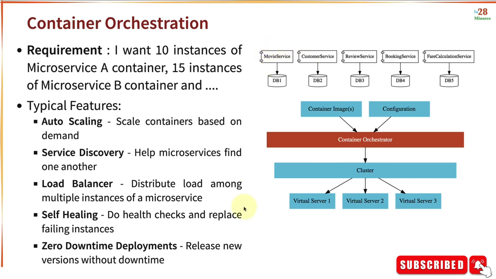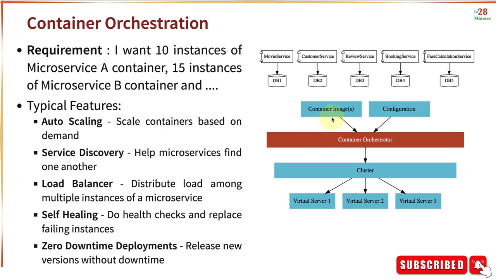So what we are talking about is the fact that having individual containers is not sufficient. We would want to be able to run multiple instances of these containers and orchestrate them. And that's where container orchestration comes into picture. With a typical container orchestrator, you can create a cluster. You can say, I would want a cluster of EC2 instances, or I would want a cluster of virtual machines. And you can use the container orchestrator tool to deploy your microservices to the cluster.